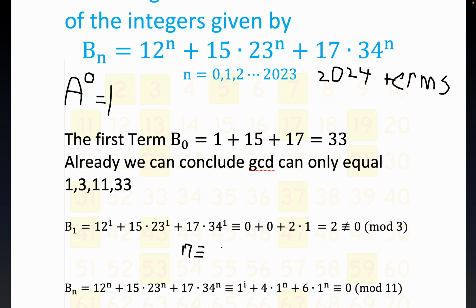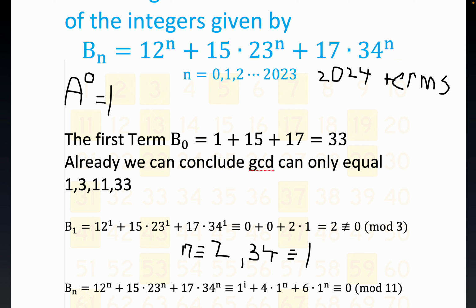So 17 is congruent to 2, and again mod 3, 34 is congruent to 1 since 3 times 11 is 33. So 34 is congruent to 1.